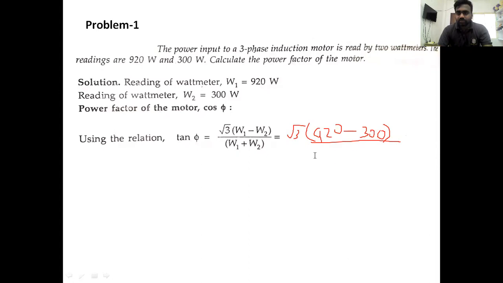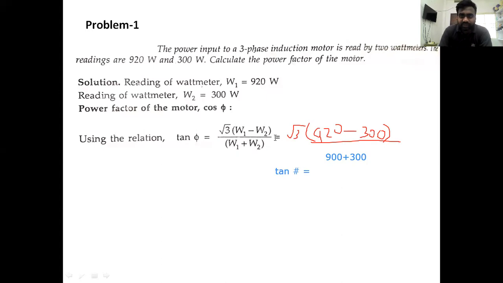What will be the value of tan phi from this expression? If we substitute the terms one by one, we know the value of W1, which is 920 watts. What is the value of W2? 300 watts. If we substitute those terms in this expression, we will calculate tan phi.